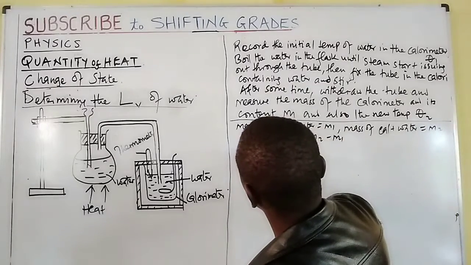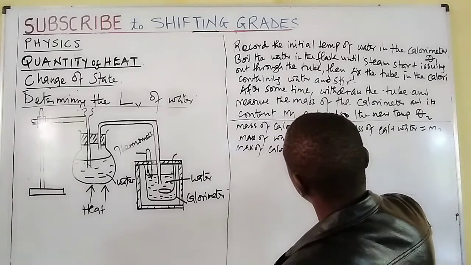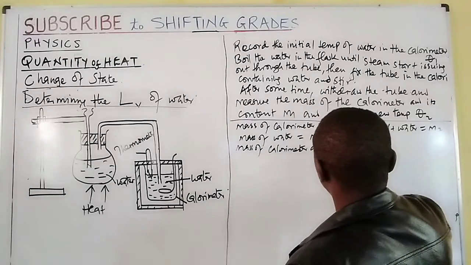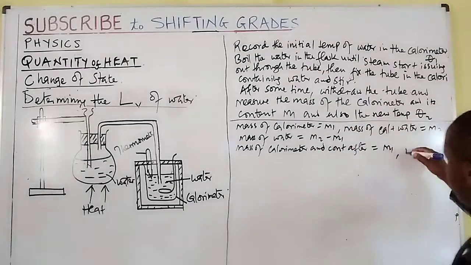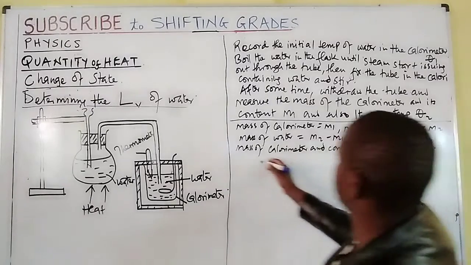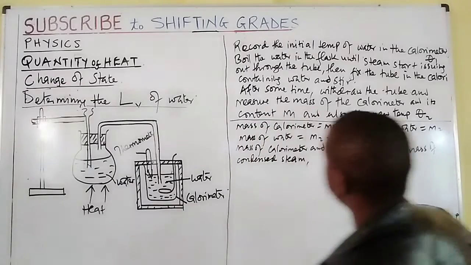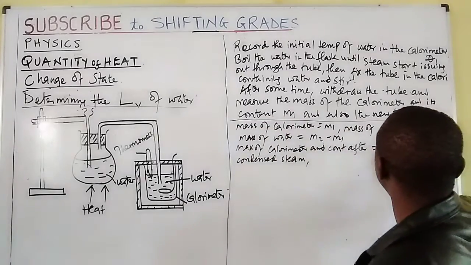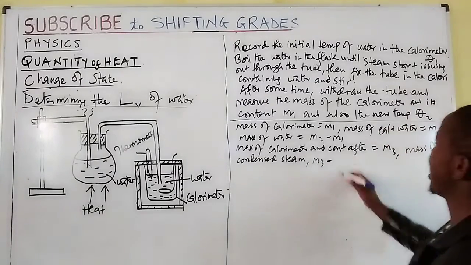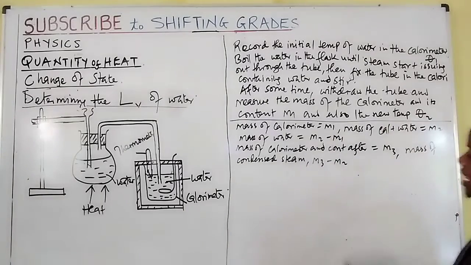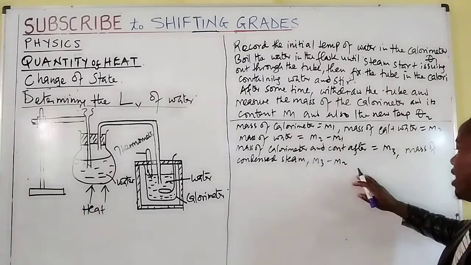Now the mass of calorimeter and the content after the experiment will be mass 3. So the mass of condensed steam, the steam which will have changed to water, will be mass 3 minus mass 2.